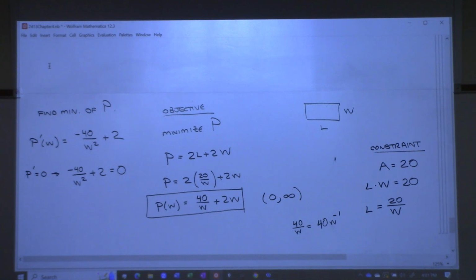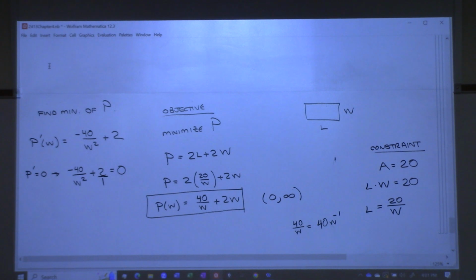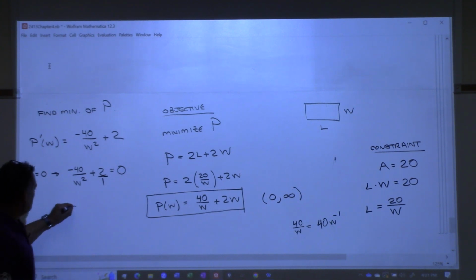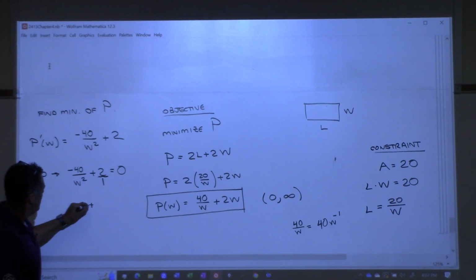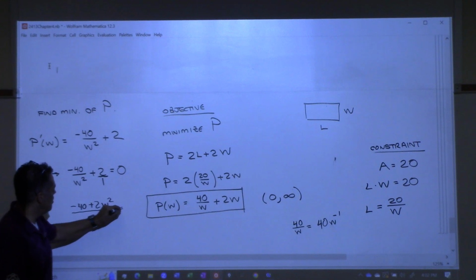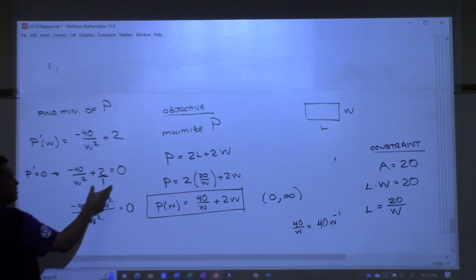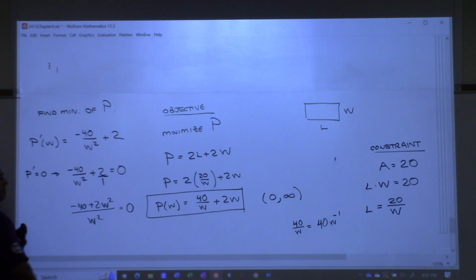I'm going to get a common denominator between these two. I like to do this because it's a skill that the more you do it, the better you get at it. This becomes minus 40 plus 2W squared over W squared equals 0. All I did there was multiply the top and bottom of the 2 by W squared so that they have the same denominator, and then I put them together.